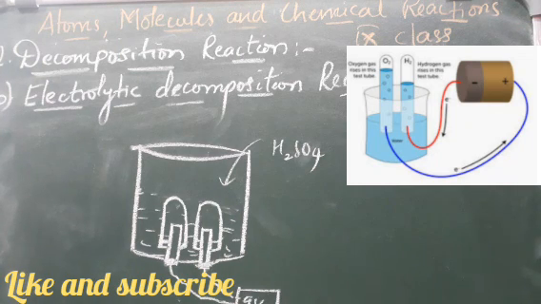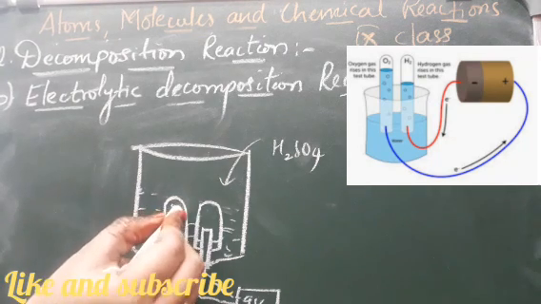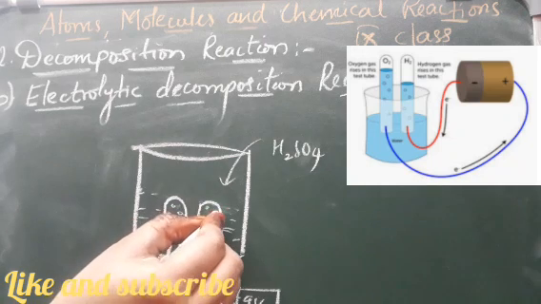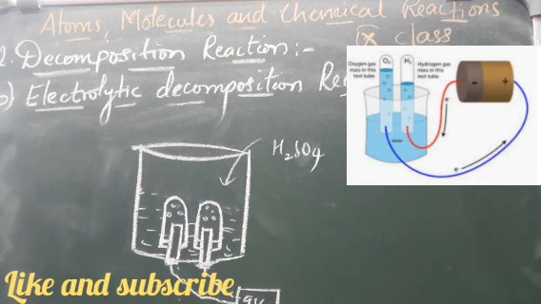We will see that liberation of gas bubbles at both electrodes is observed. These bubbles displace the water in the test tubes, and the amount of gas collected from both test tubes is the same.